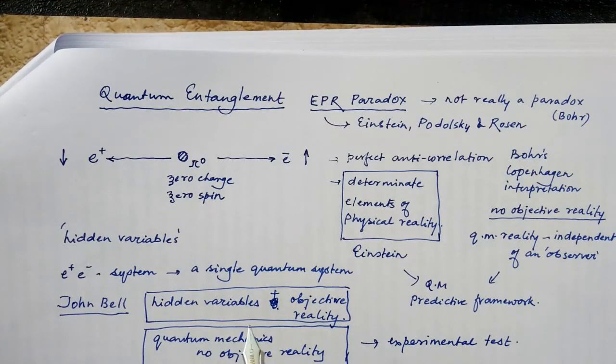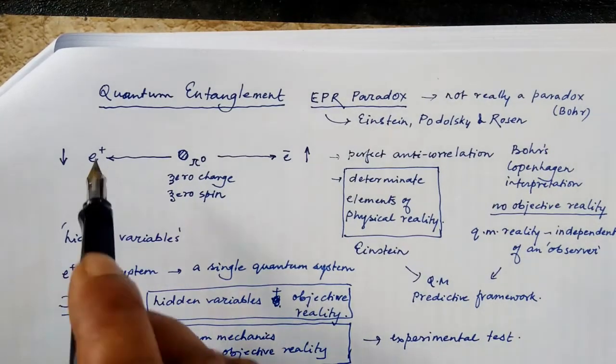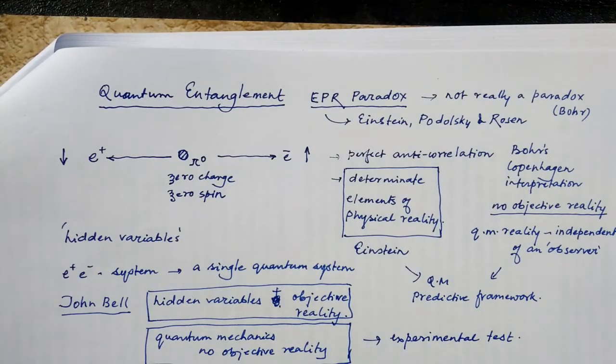What happens if we measure the up-down direction for the electron and the left-right direction for the positron?